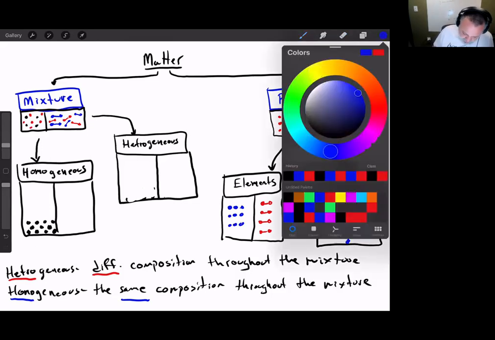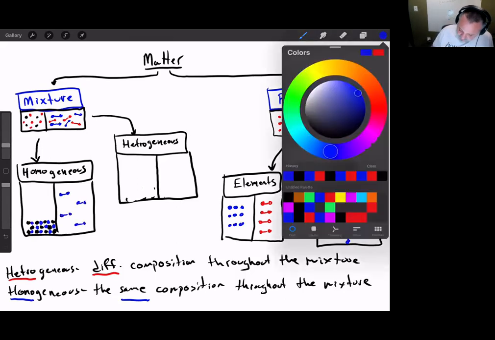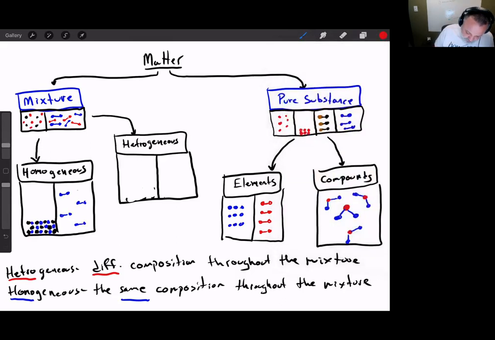I want to make sure that I show that it's the same composition throughout. It can also be a mixture of molecules, as long as the composition is the same throughout the entire mixture. It could be a solid, it could be a liquid, it could be a gas. These are examples of homogeneous mixtures.